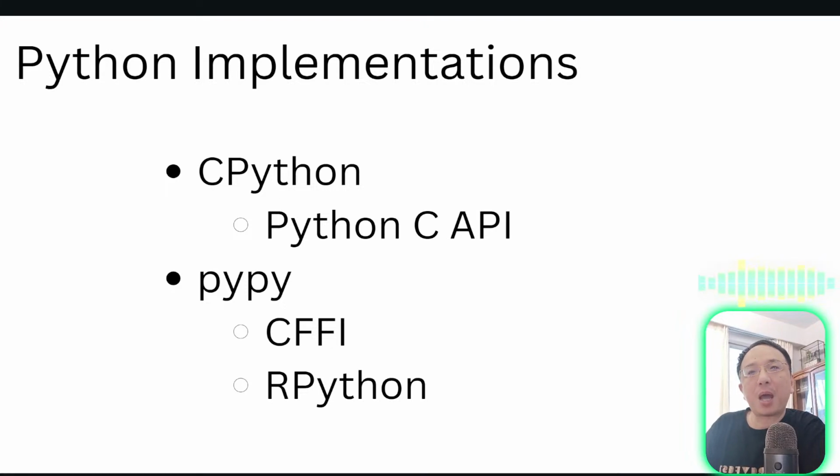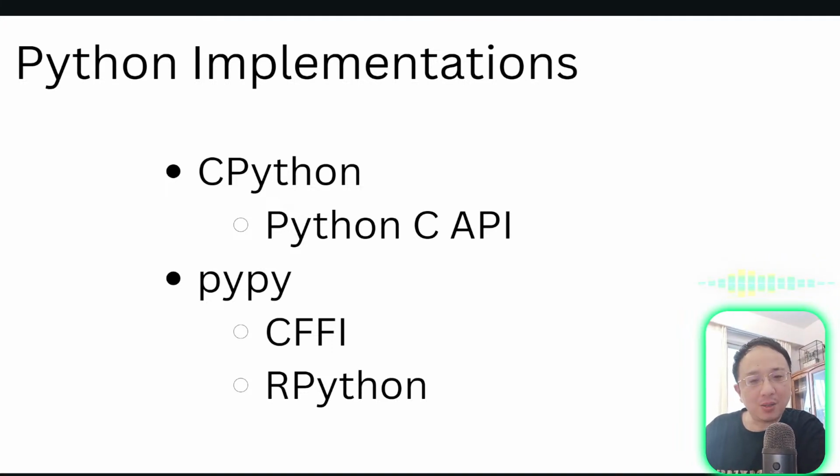In fact, PyPy includes a compiler for a Python-like language, which is called RPython. The R stands for restricted, because if we want to implement a Python compiler, it is still a very difficult job.